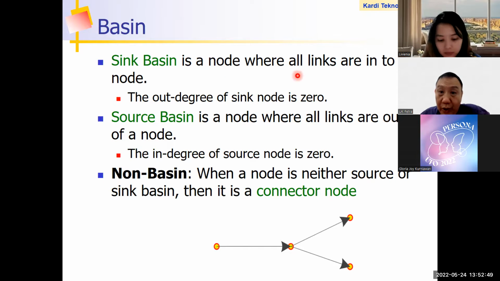It's a node where all links go into that node. Here is an example of a sink basin: it only has in arrows, there is no out. The source basin is a node where all links go out of that node. So this is the source basin because all the arrows are out only. And here is the connector node.